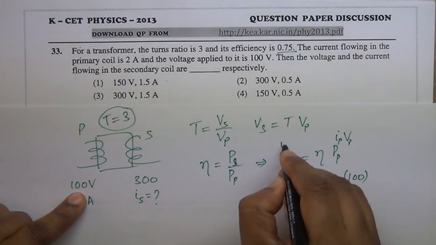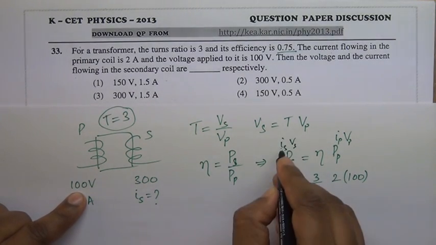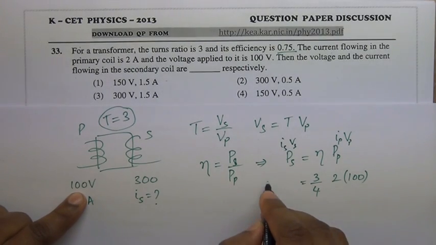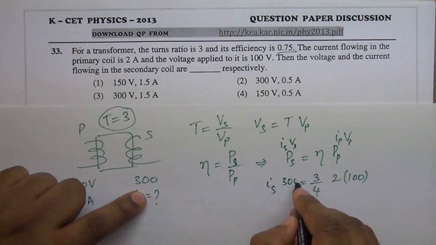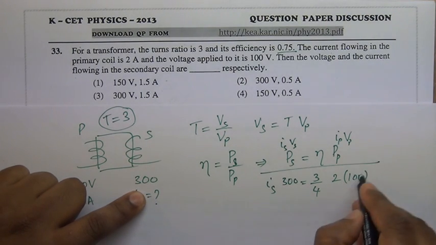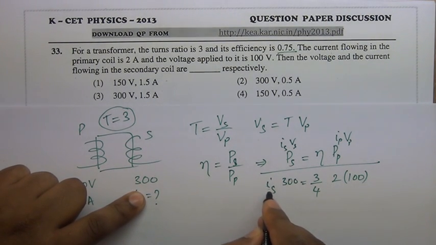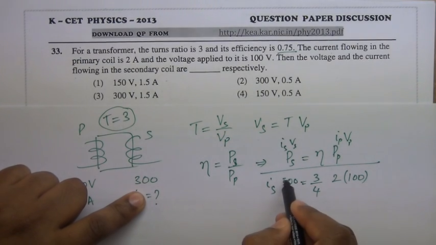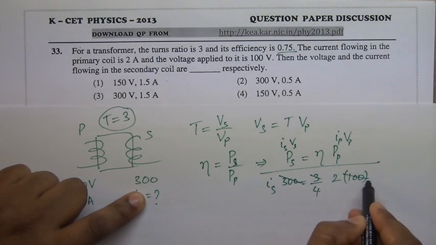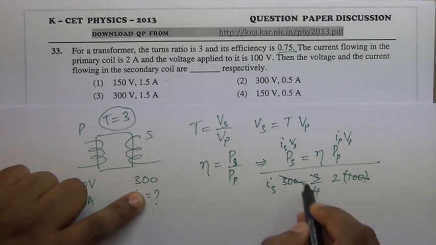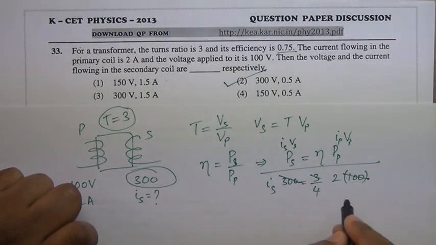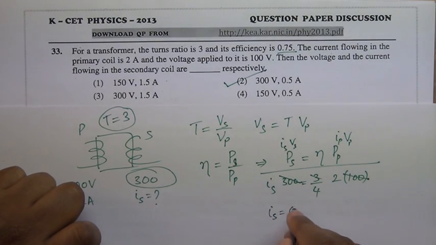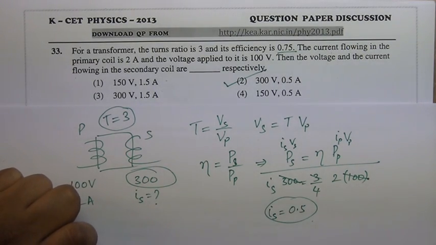Power at the secondary is current, voltage, secondary. Current at the secondary wanted, voltage at the secondary 300. So in this equation we have to solve for current through secondary. 300 cancels with this 300, 2 by 4 is 0.5. So 0.5 is the answer.